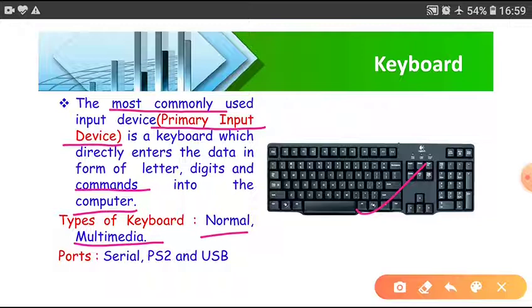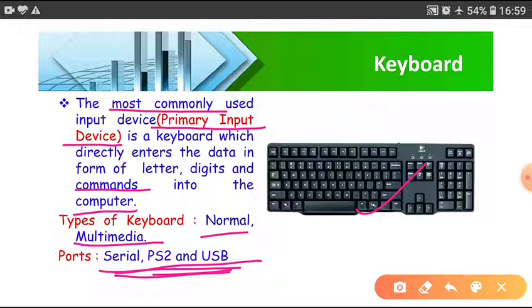Now types of port: serial port, PS2 port and USB port. And one more type is wireless keyboard. Wireless keyboard means there is no concept of wire, but these all are wired system.